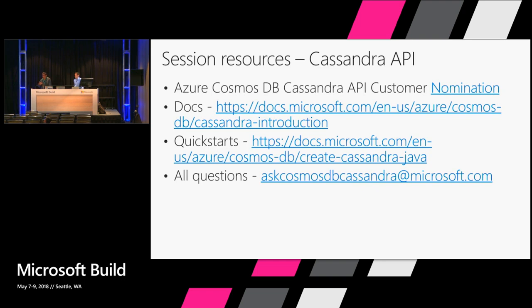Partition key in Cassandra is very easily managed because you have to define a partition key anyway, so that's not a new thing we have to tell customers. It's only the throughput part of it. Those two pieces are done. We can assure you that if you're using an existing Cassandra cluster, the Cassandra API will be a good choice to replace it. So with that, I can take a break and let you folks ask questions.